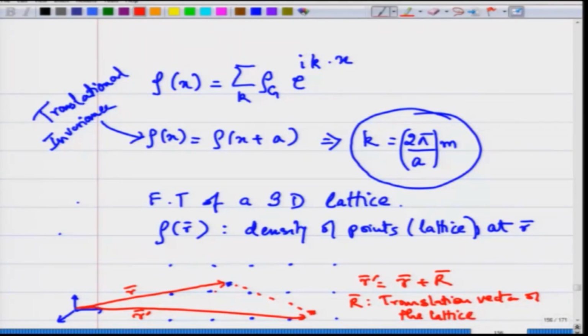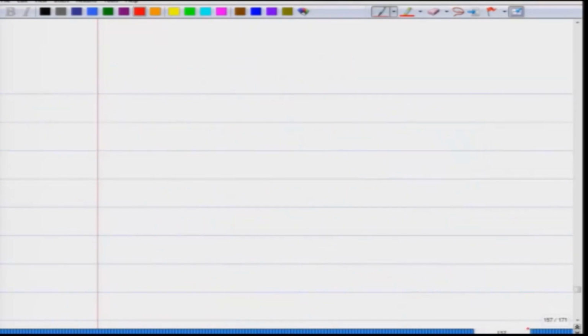Then the distribution of points or the density around these two points A and B have to be identical. And what is the translation vector?